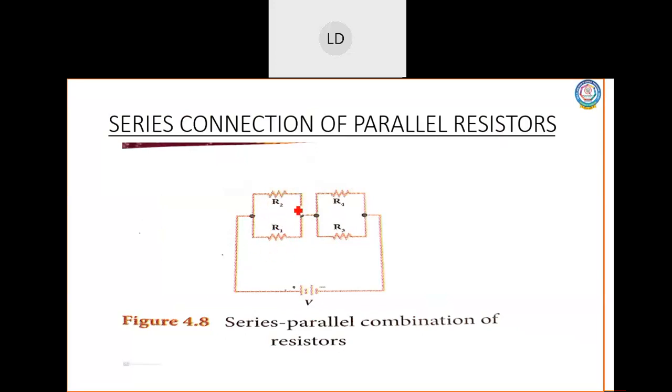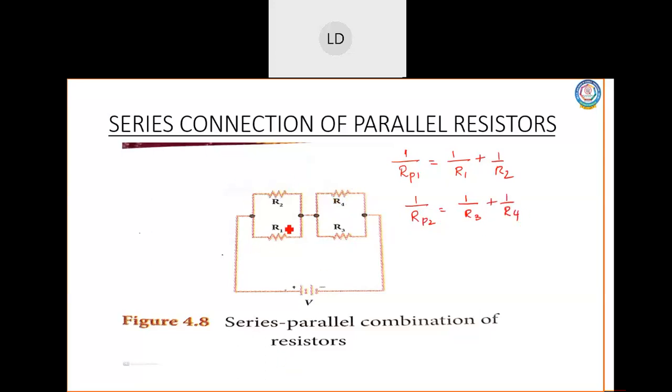Let me write this effective resistance as Rp1. So 1 by Rp1 is equal to 1 by R1 plus 1 by R2. Similarly, I need to find the effective resistance of this parallel connection, which is given as 1 by Rp2, which is the combination of 1 by R3 plus 1 by R4.